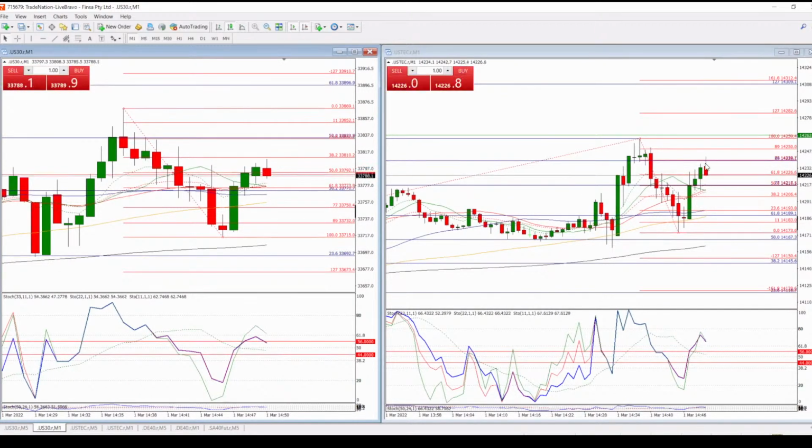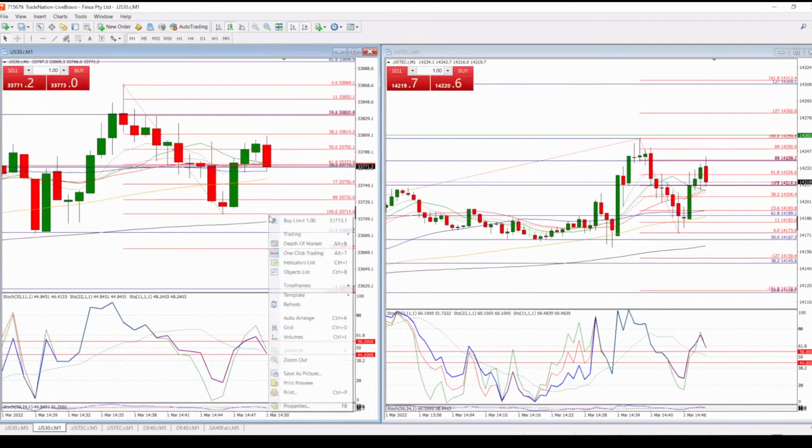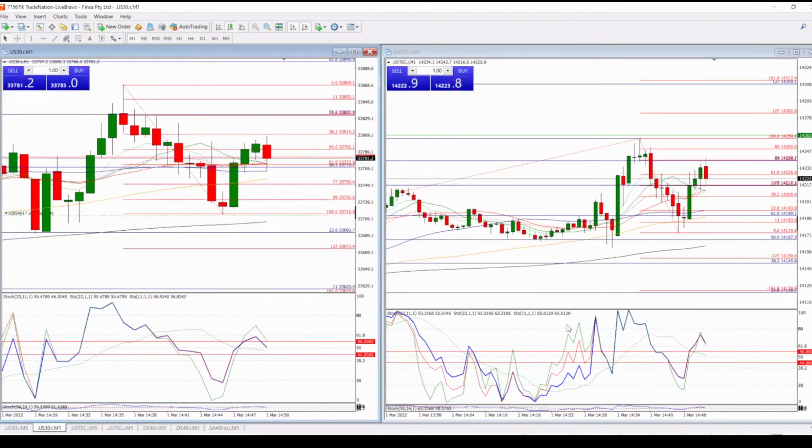US Tech at that 77% retracement. I'll take the extension 50 fib on Dow just because that is still above the lows that we made at opening.